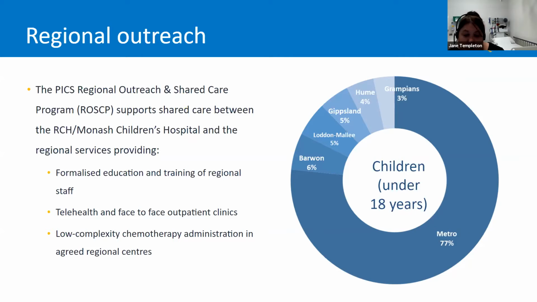Many of our patients, about a third, come from regional or rural areas, and it's really important when we are working with our families that we consider the time it takes for them to travel and the loss of school time, family time and parent wages with coming to and from the hospitals. So where possible we try to limit that and have these patients treated out in the regional communities.